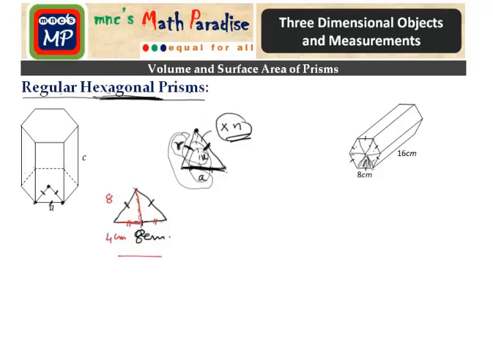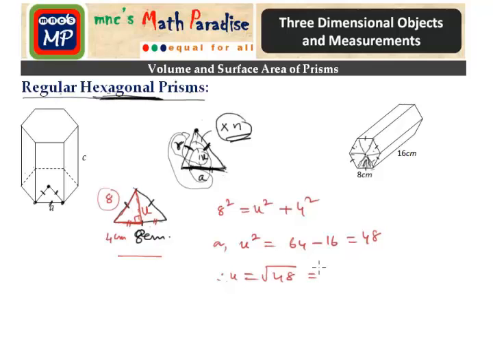If we just consider this part of the triangle, this is the right angle, so the opposite arm is the hypotenuse, and if we consider this height is u, then the hypotenuse square, that is 8 square, will be u square plus half of the total arm, 4, square. So u square equals 8 square, which is 64, minus 16, which gives us 48. So u equals square root of 48.